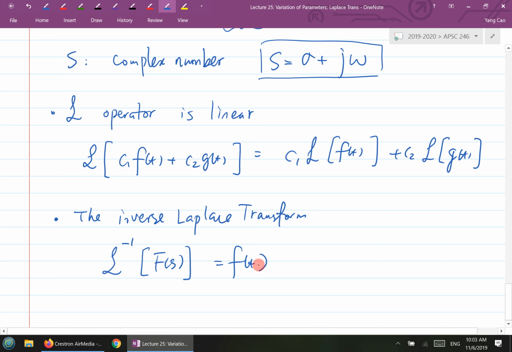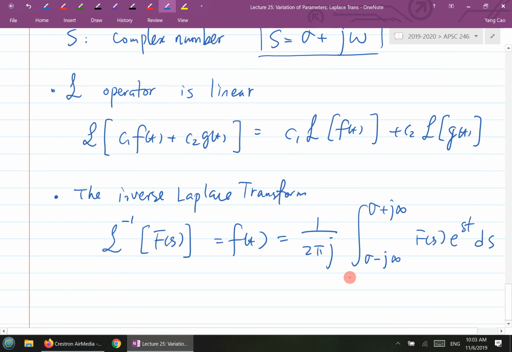Mathematically, the inverse Laplace transform takes the form of this. Now this is by far probably the most weird type of integral you have ever seen. You have a complex number here, then you have sigma, you have infinity. And this is actually another branch of calculus called complex calculus. Anyway, we're not going to deal with that. Don't worry about that.